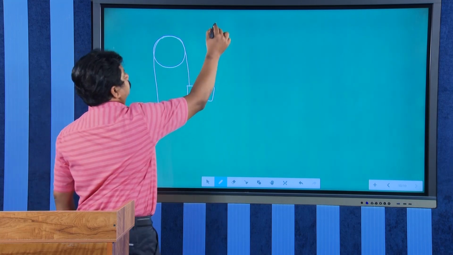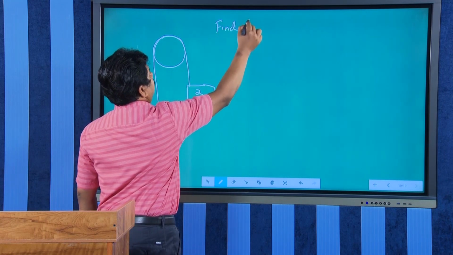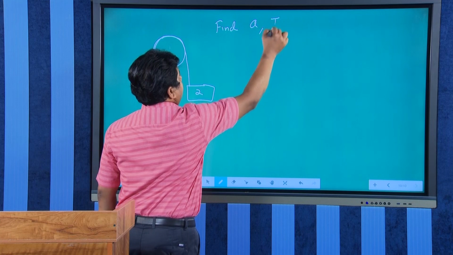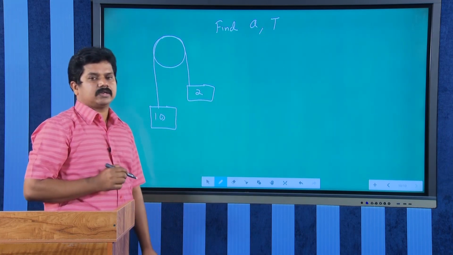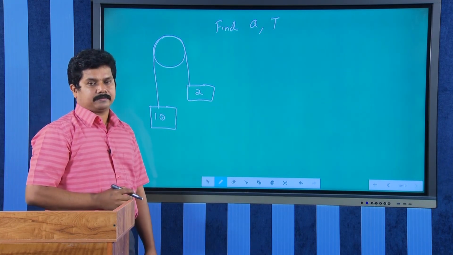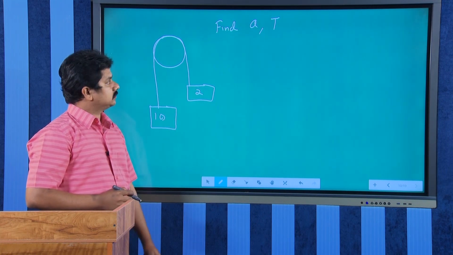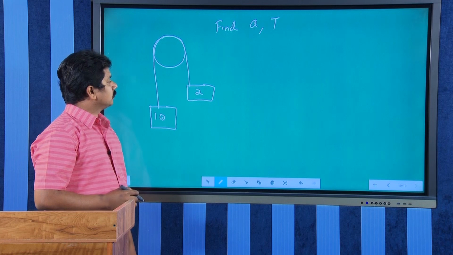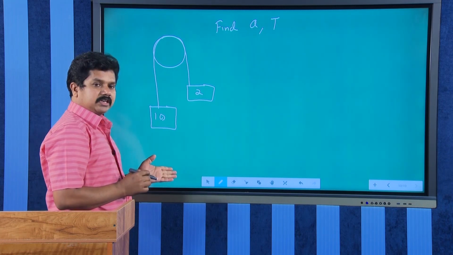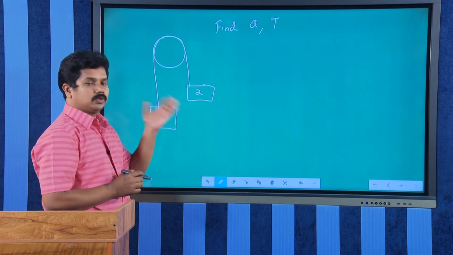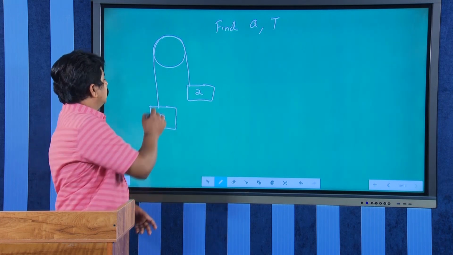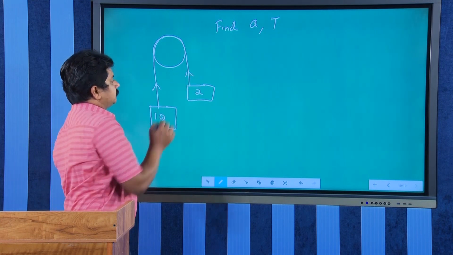Find acceleration and tension in the string. This is 2, this is 10. Right. So, how do we solve? We know this 10 kilogram will move down, 2 kilogram will move up. Tension will be like this.